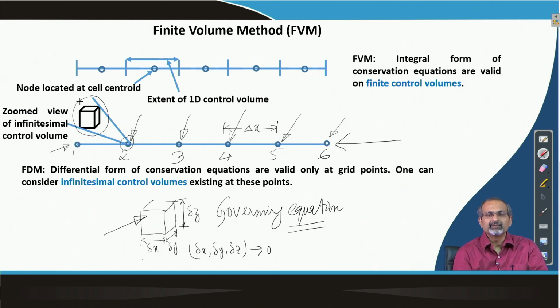Now, the question could be: why did we not think about making these control volumes bigger and giving them finite dimensions? That may bring in certain errors, because the differential equations can actually be satisfied per se at distinct points, and the moment we make the control volumes bigger, there could obviously be certain errors introduced.